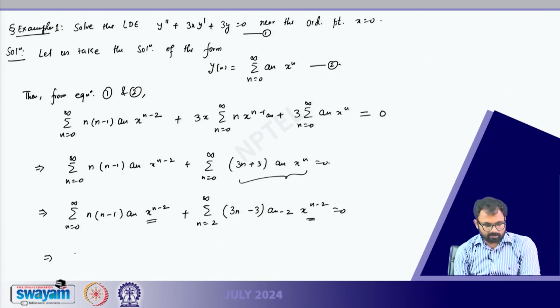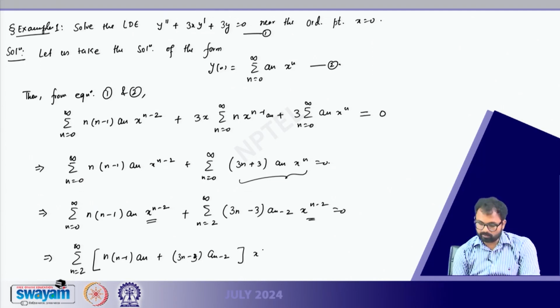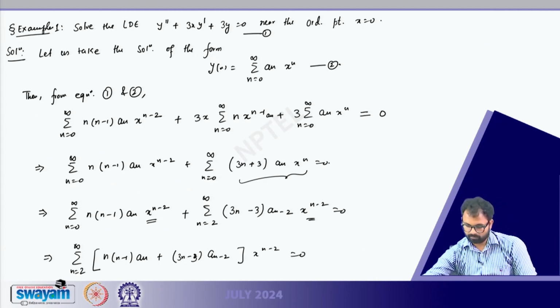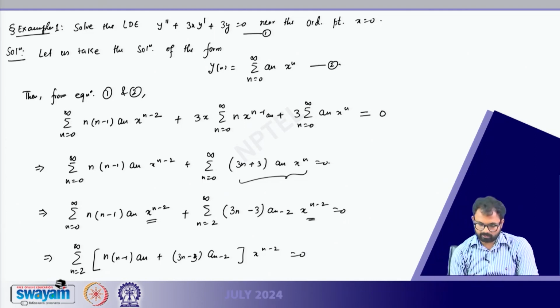Now we will rearrange the terms, and this will become summation n running from 2 to infinity, n into n minus 1 into a_n plus 3n minus 3 into a_(n minus 2), multiplied by x to the power n minus 2, equals 0.